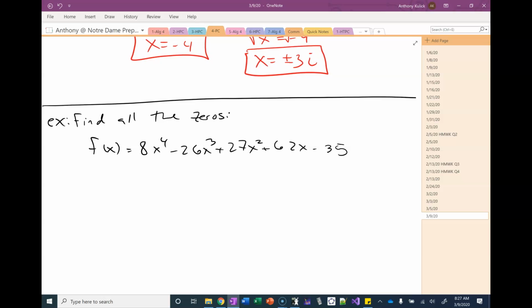How do we start one of these problems? Not -35 times 8. So we need the factors of 35. That's true. What are those?